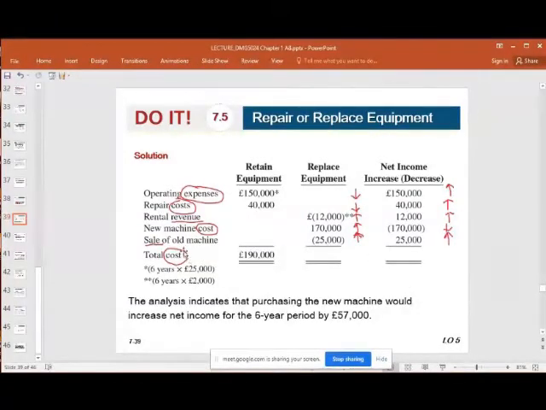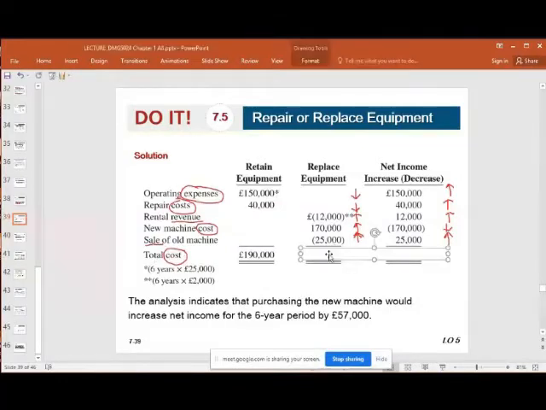Since I want to find total cost here, and rental revenue is income, sales of old machine is an income, that's why you see a negative here. Do you see a bracket here? Rental revenue and sales of old machine are income, but I am calculating cost.